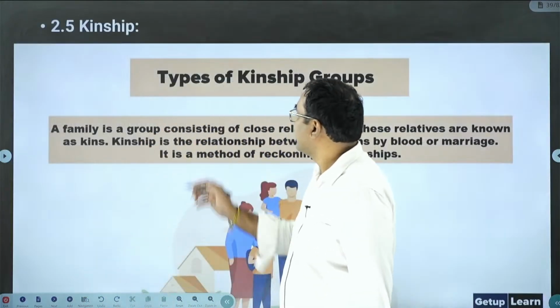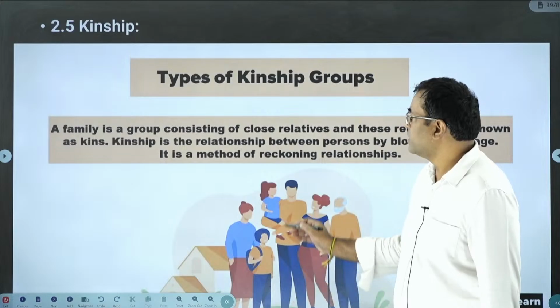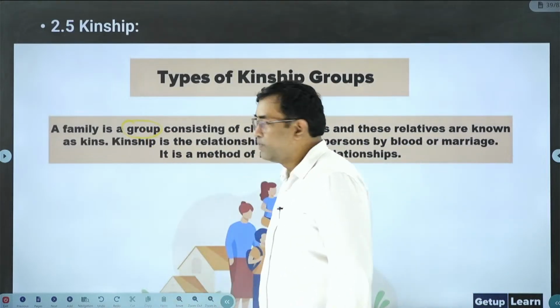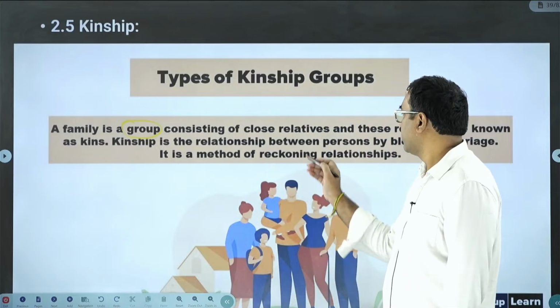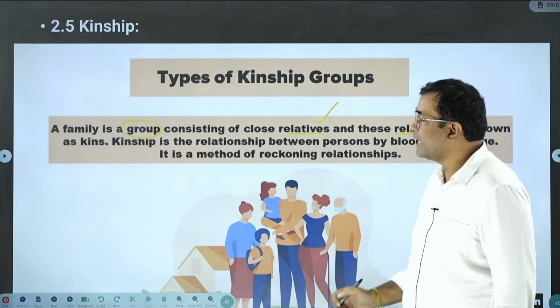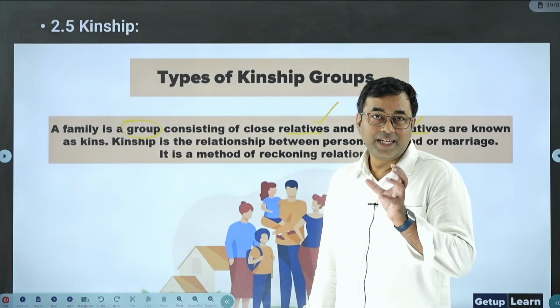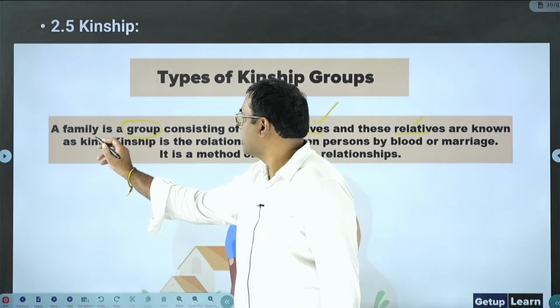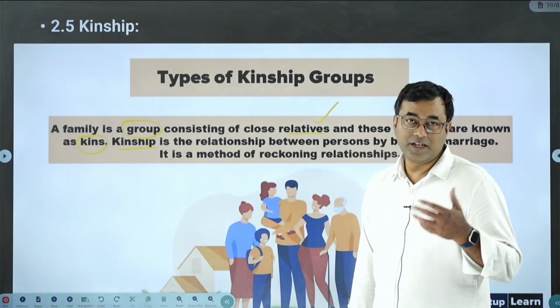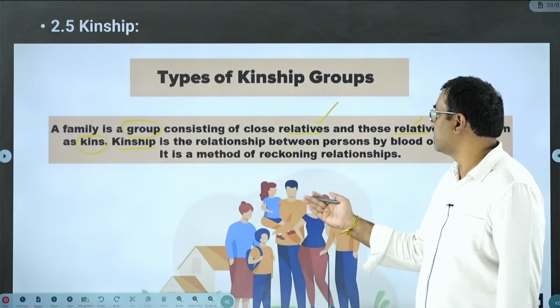Next one is kinship. A family is a group consisting of many people, which is of close relatives and the relatives which are created. Those close relations are called kins, and the study of those relationships we can call kinship.